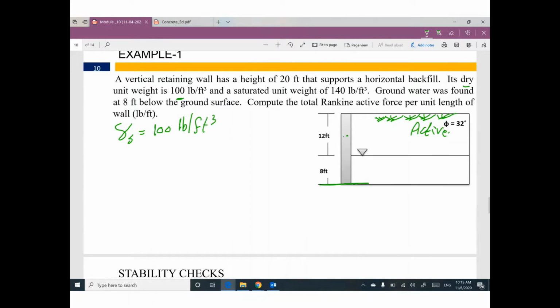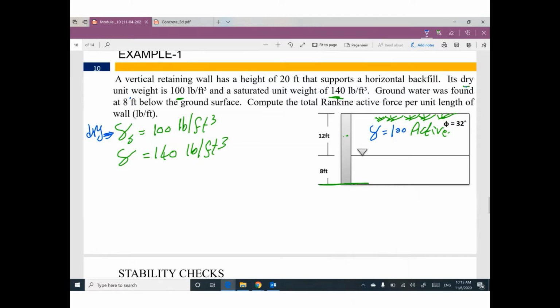And we have another gamma equal to 140 pounds per cubic feet. What is the difference? Which one am I going to use? That's fine. It's a good question. Please read carefully. Dry unit weight, so this one will be dry without water. I believe you are talking about this part of soil without water table.